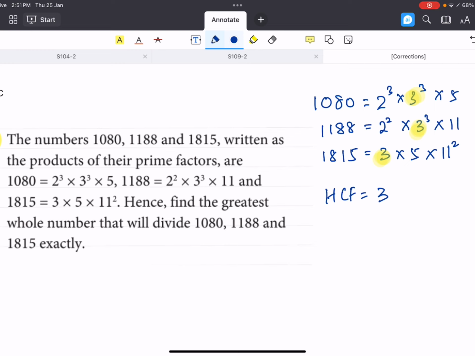So we have that. 5 don't have, 11 also don't have, right? Because when we say common among these 3, it must be all 3. Therefore, the HCF is 3. Therefore, the greatest whole number is 3, right? Good habit, just write down the statement.